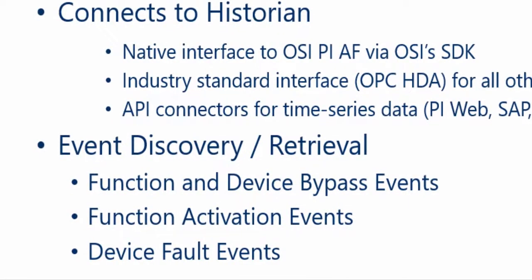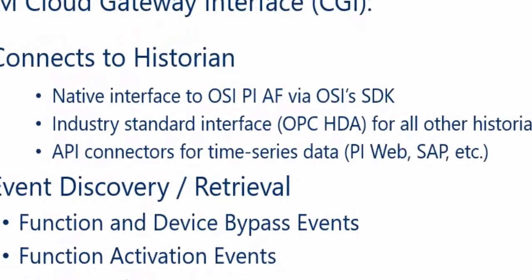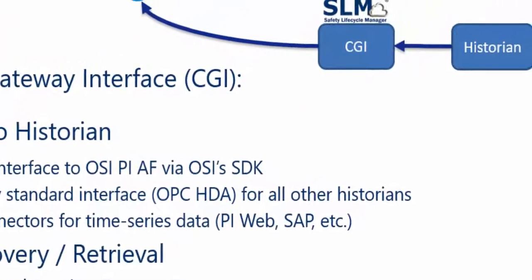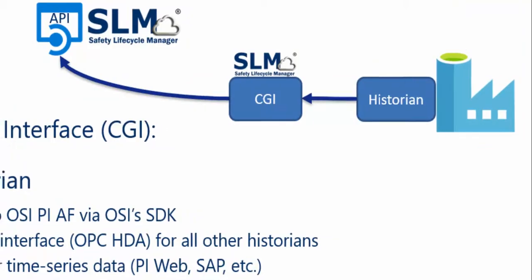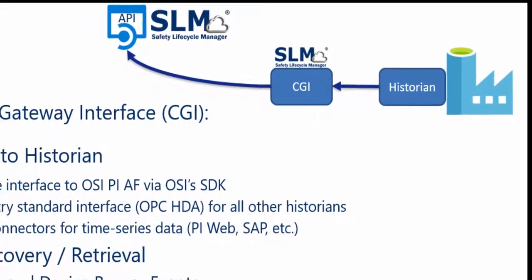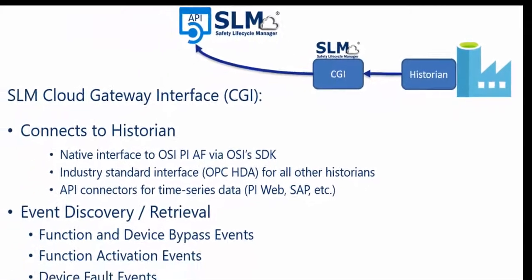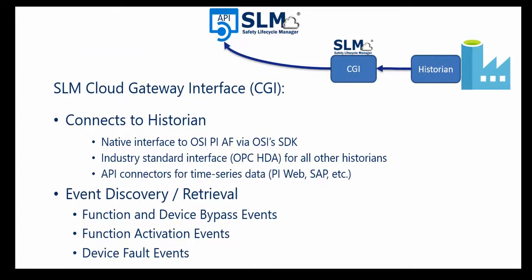Logic is built into the middleware between the historian and SLM to detect the defined events, allowing bypasses and faults to populate the database automatically on the specific components and functions. Demands must be qualified by the appropriate user to assess the root cause and to classify them as a true demand versus a spurious trip.